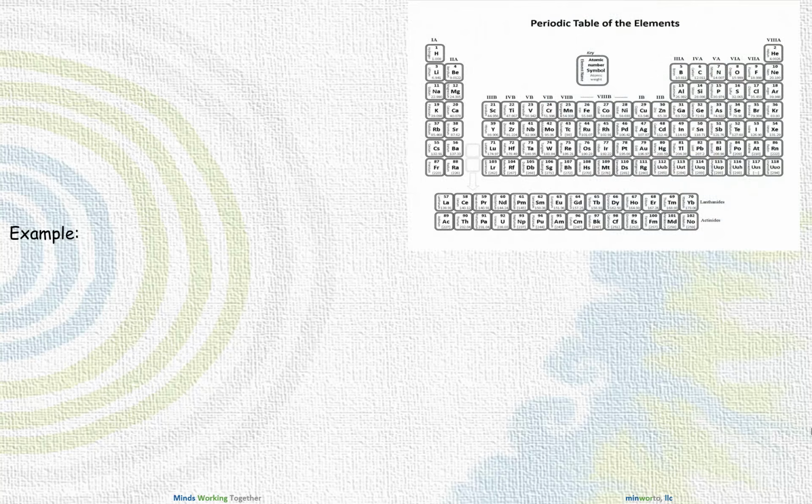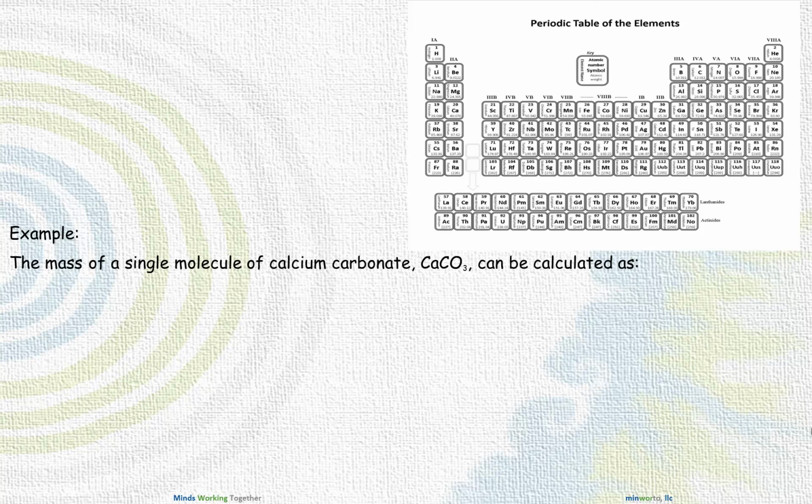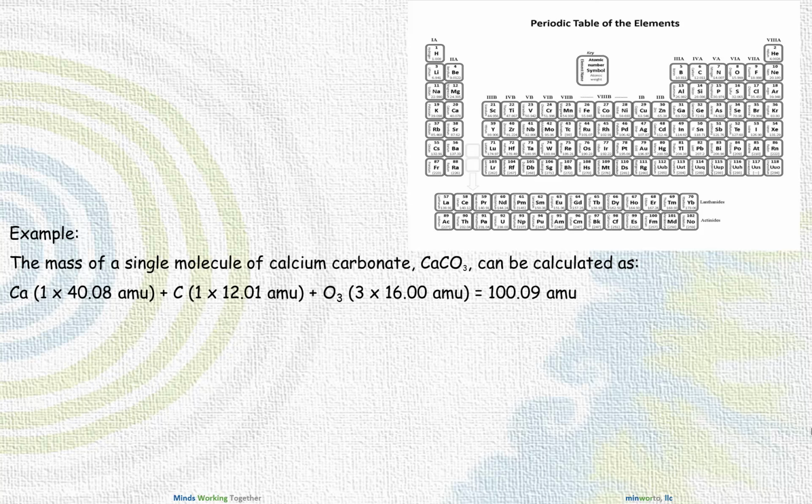Let's look at an example and use our periodic table to find the mass of a single molecule of calcium carbonate. That mass can be calculated using our periodic table. We find the mass of a single calcium atom plus the mass of a single carbon atom plus the mass of 3 oxygen atoms for a total for that molecule of 100.09 atomic mass units.